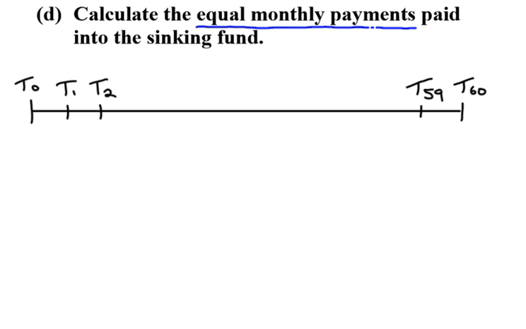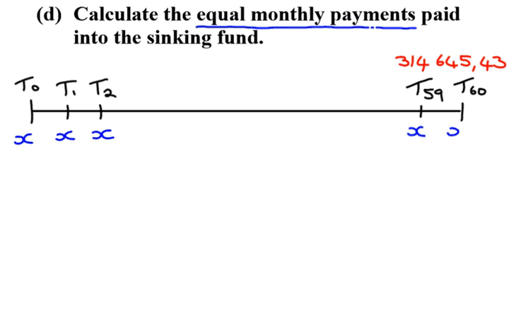We know we need to save a future value, so I'm going to pop it here, of 314,645 Rand and 43 cents. And my first payment happens immediately. Read your question. The first payment happens immediately, and the last one happens at the end.